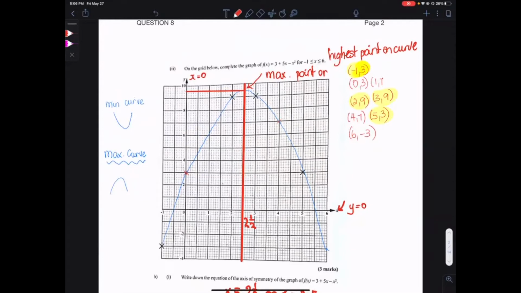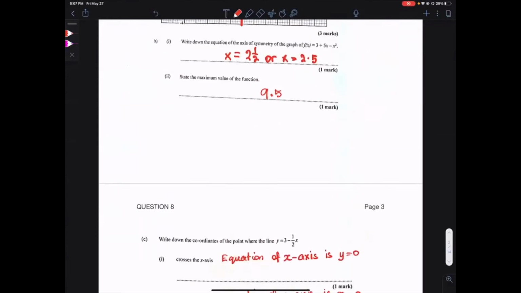The equation of the x-axis is y equals 0, because on the x-axis we have x values. The equation of the y-axis is x equals 0, because on the y-axis, the values that we have are y values and x is 0.